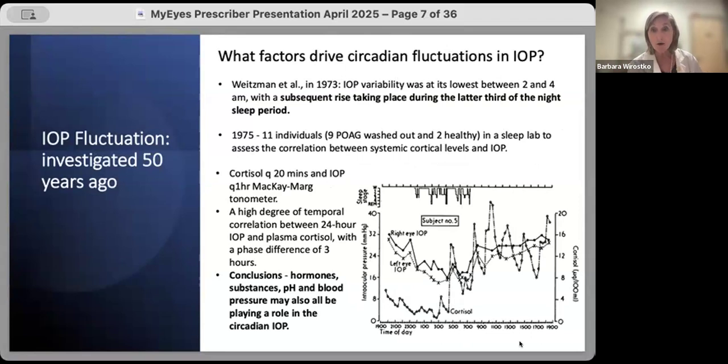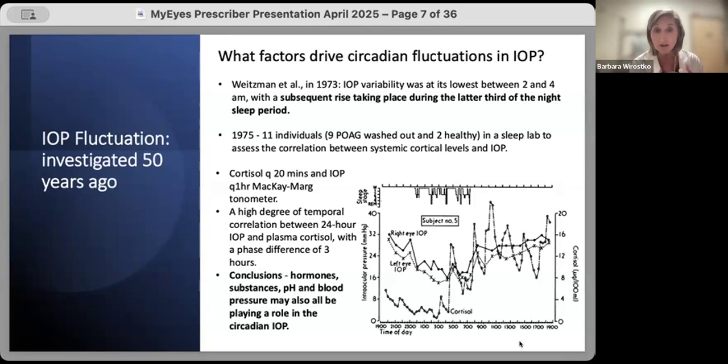He kept them overnight in a sleep lab, and he measured cortisol levels systemically every 20 minutes, and measured IOP every hour. I think this is fascinating because this was the 1970s by an endocrinologist, and he saw that the cortisol levels spiked first upon those early waking hours, and then the IOP went up.